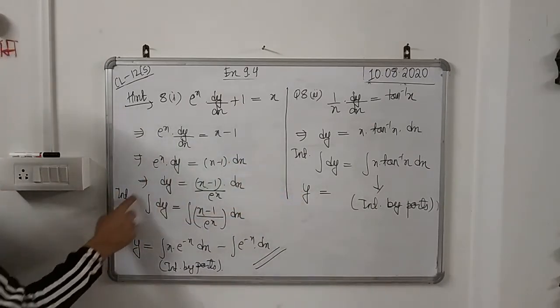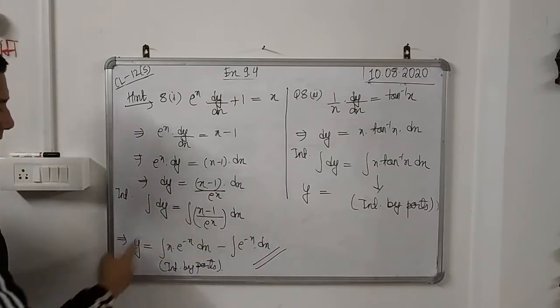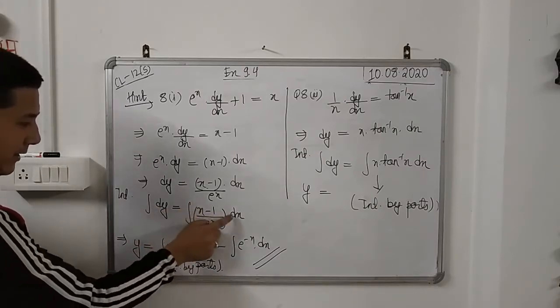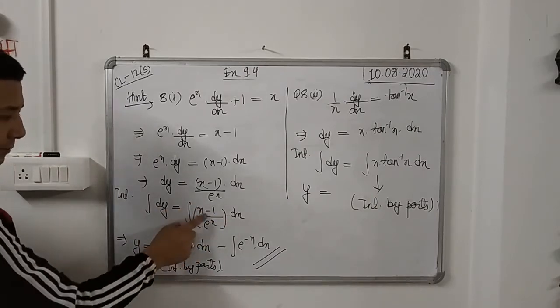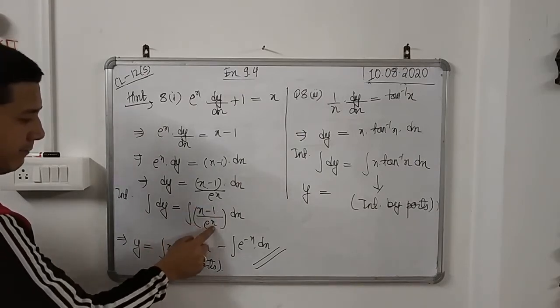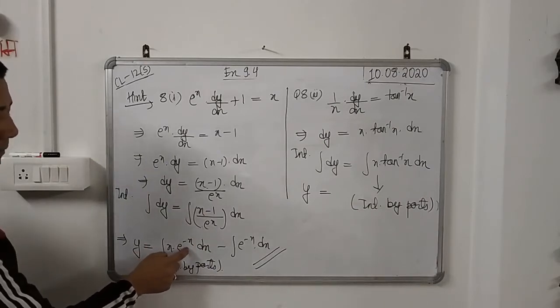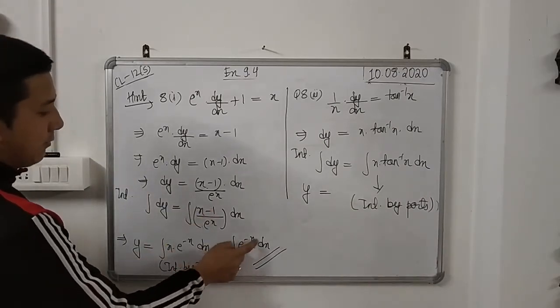Okay, integrate on both the sides, and then here you have to separate one by one. Okay, integration dy is y, so this is x into e to the power minus x dx. If you separate, it will be x by e to the power x minus 1 by e to the power x, is it? So x by e to the power x means x into e to the power minus x and minus e to the power minus x dx.